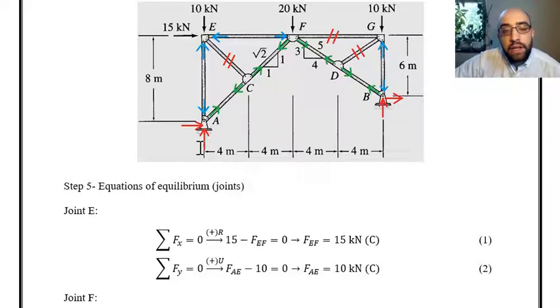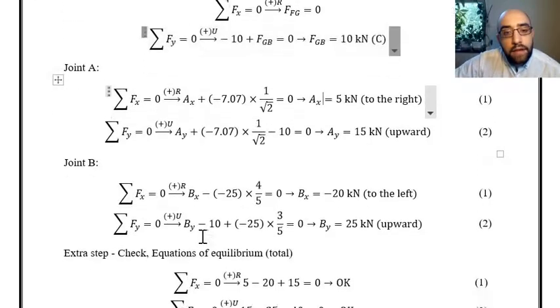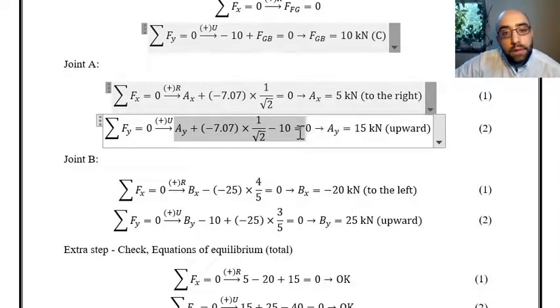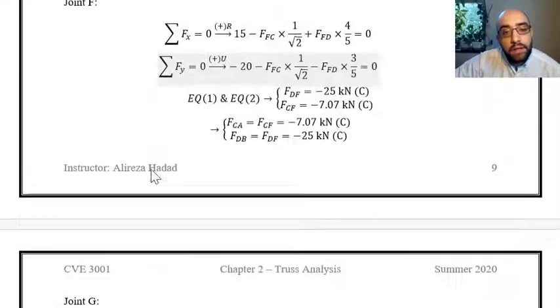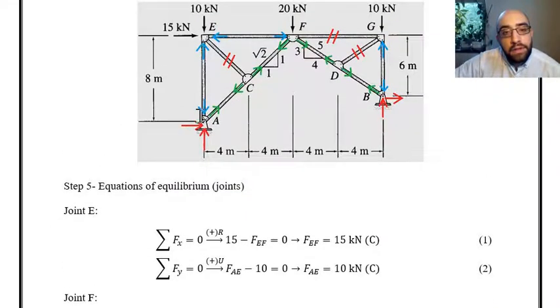For the vertical direction, we can write a similar equation. We have AY minus FEA, because this arrow is downward, plus the vertical component of FAC, which should be FAC multiplied by 1 over the square root of 2. Right? That's what we have over here. Reaction at Y plus the vertical component of the force in member AC minus 10, which is the force in member EA.